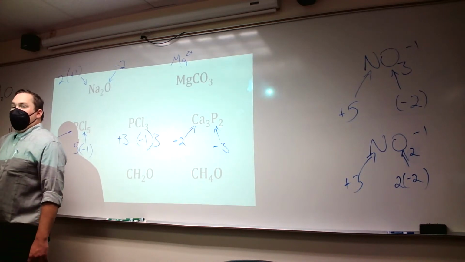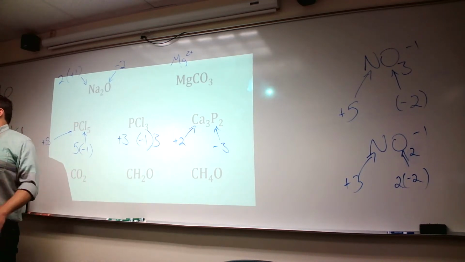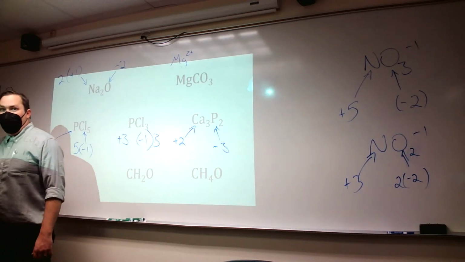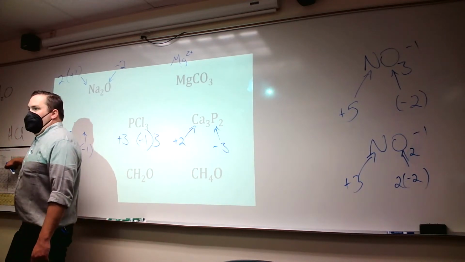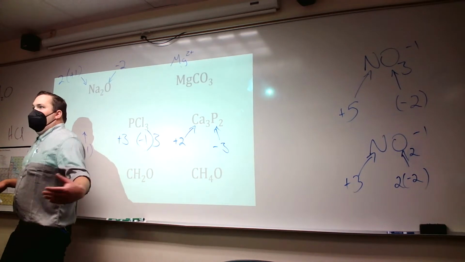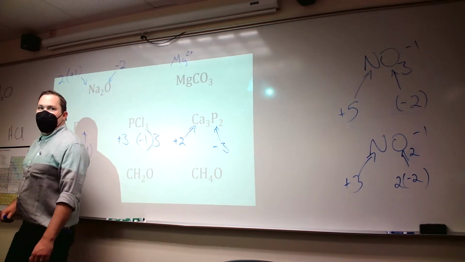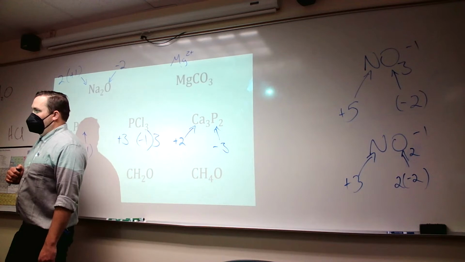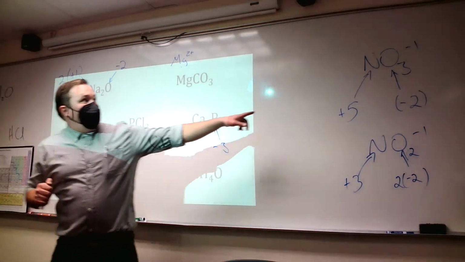So every element is going to have a set of stable oxidation states, and most of them are going to correspond to emptying or filling. They're going to be as though it gained or lost enough electrons to get to full orbitals. Nitrate would be a +5.